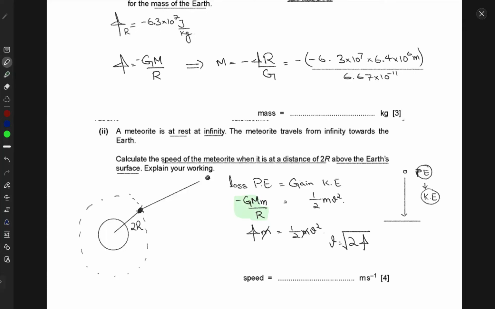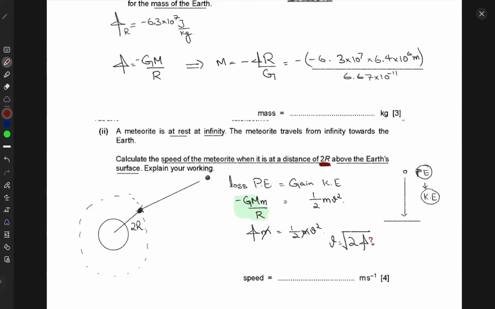Yes. Okay, so now the question is, what value of phi will I use? The answer is very simple. It comes from the question itself, because it tells you at a distance of 2R, which means I need the value of potential at this distance.